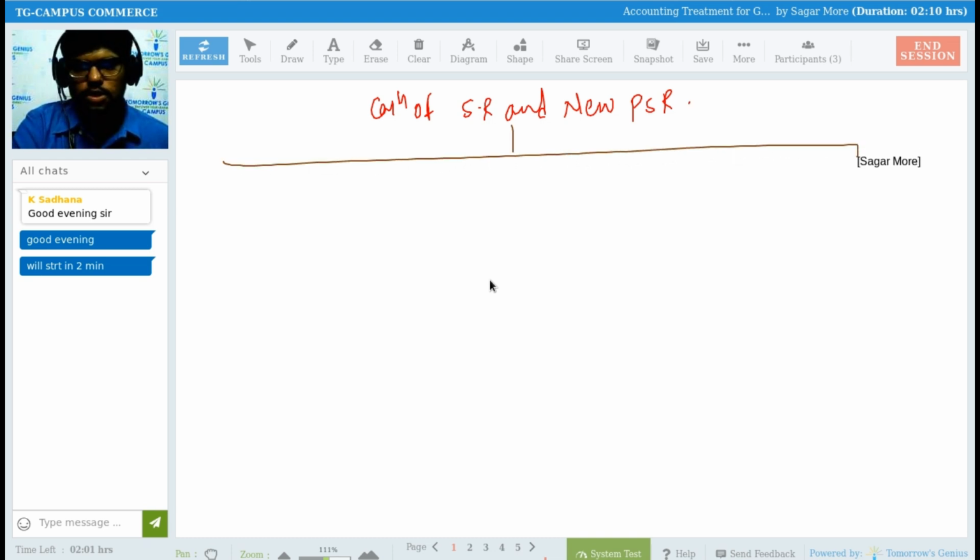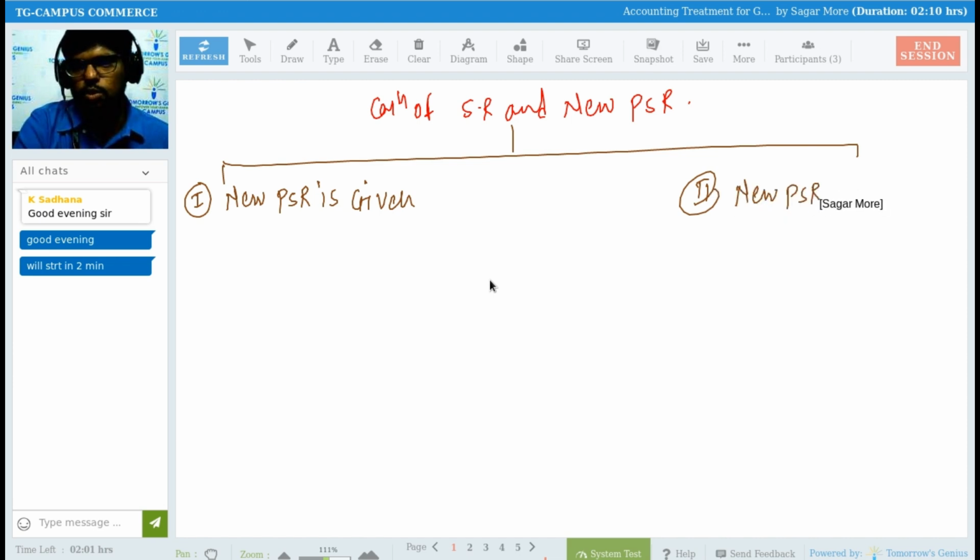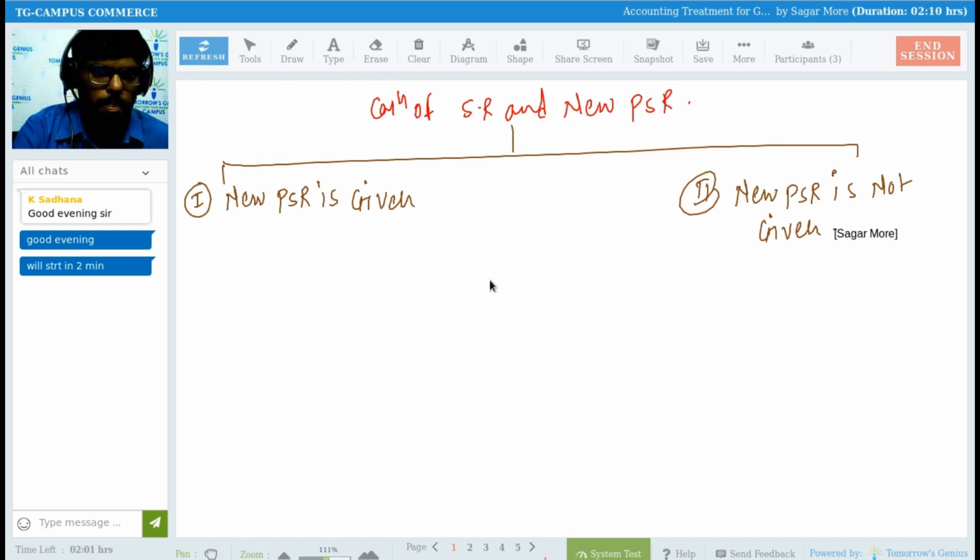There are two broader things. First, new profit sharing ratio is given, and secondly, new profit sharing ratio is not given.